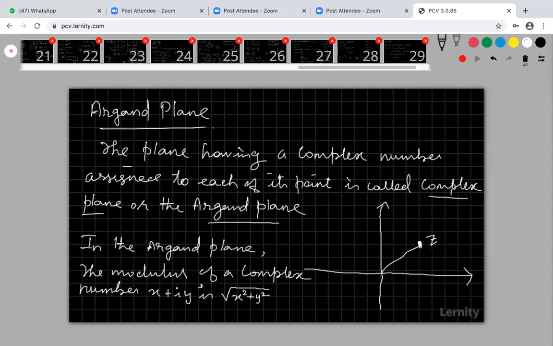How are we getting this formula? Suppose this is my x comma y. So this distance is my x, this distance is my y. Actually, this is my modulus of z.